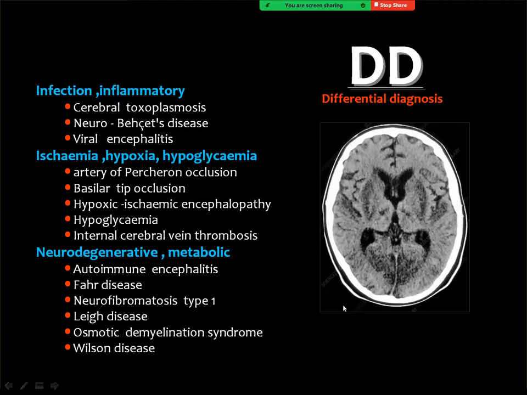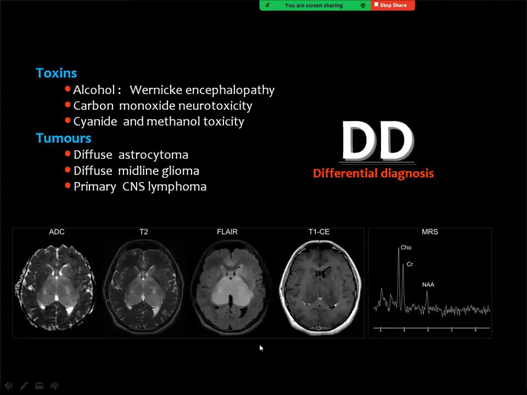There is a very long list of diagnostic possibilities, including infection like toxoplasmosis and Behçet disease, viral encephalitis, ischemic conditions like artery of Percheron and basilar tip occlusion, hypoxic ischemic encephalopathy, hypoglycemia, internal cerebral vein thrombosis, neurodegenerative diseases, autoimmune encephalitis, FAR syndrome, neurofibromatosis, Leigh's disease, osmotic demyelination, and Wilson disease.